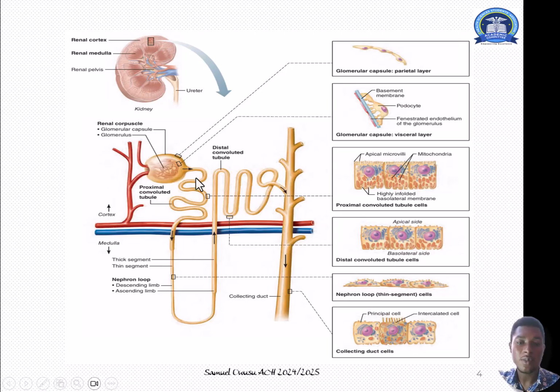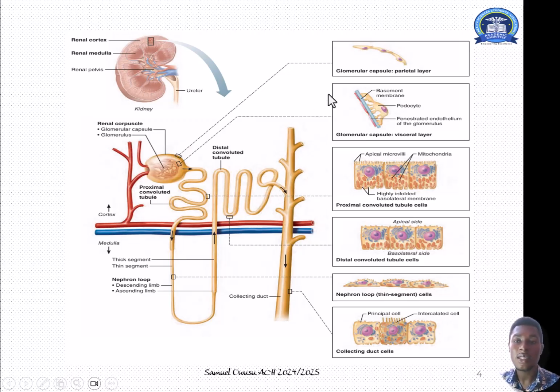It continues down with the proximal convoluted tubule, and remember we said the proximal convoluted tubule is the site where most reabsorption occurs, and this is the descending limb of the loop of Henle, and then we have the ascending limb, and this is the distal convoluted tubule as it connects to the collecting duct. There are about 1 million nephrons in each human kidney and thousands of collecting ducts. So that is one thing you have to take note of.